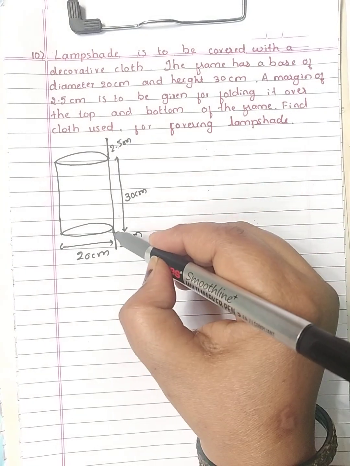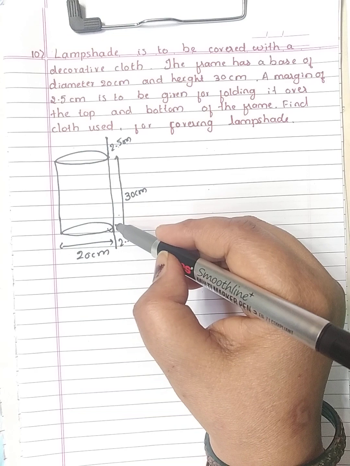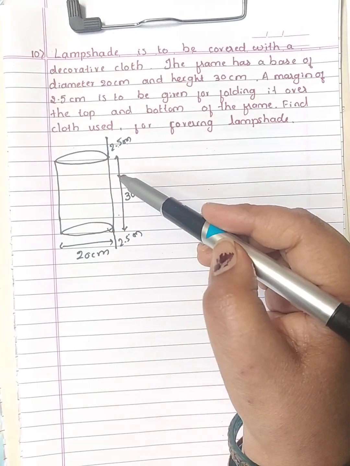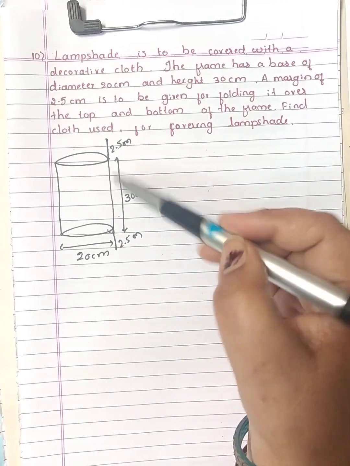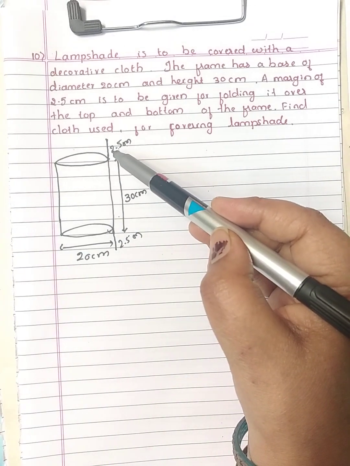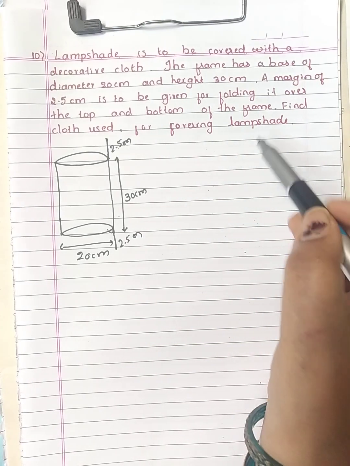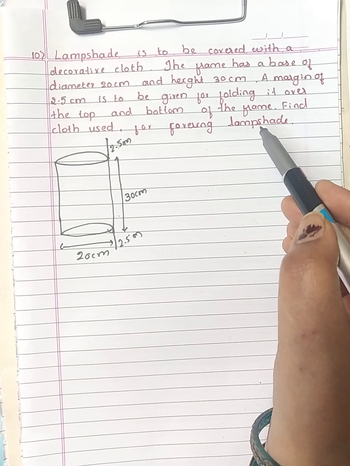This cloth is folded inside to decorate the lampshade. So what is the total length of the cloth here? That is 30 centimeter, plus top 2.5 and bottom 2.5.